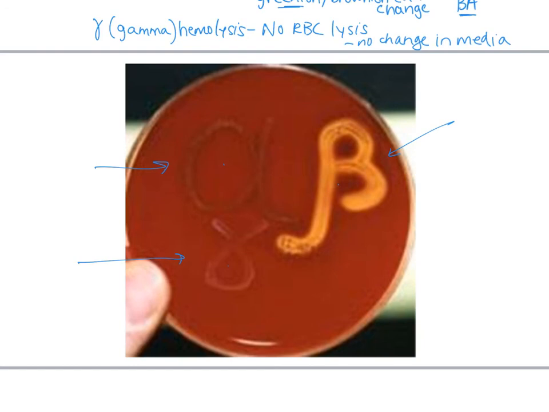I think sometimes the air gets in there and it dries the media out a little bit more. But typically, you would never have an organism that's beta in one place and alpha in another. If it's only one organism on there, we label it as either an alpha, a beta, or a gamma, okay? Not a couple different things.